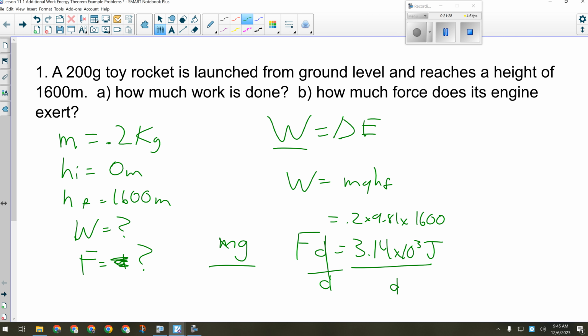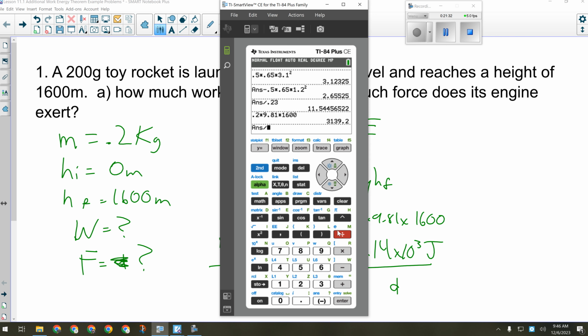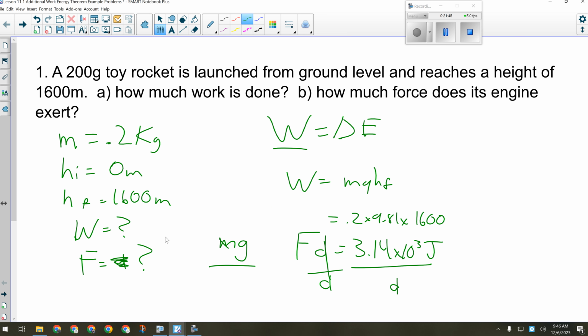If I'm dividing this by height, which is the distance in this case, so divide that by 1,600 meters. Okay, so the force exerted is 1.962 newtons. We only have 3 significant digits, so 1.96 newtons. Okay, this will be our force.